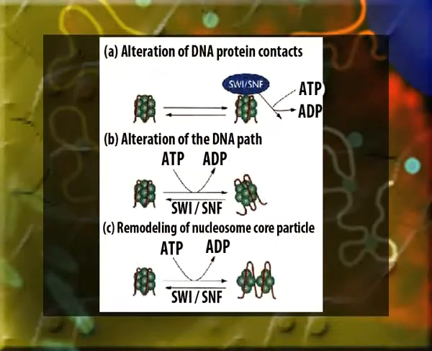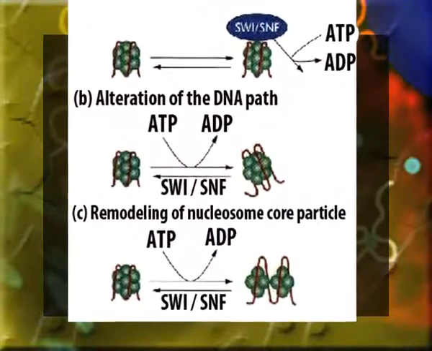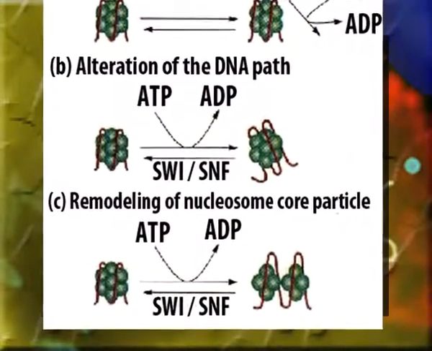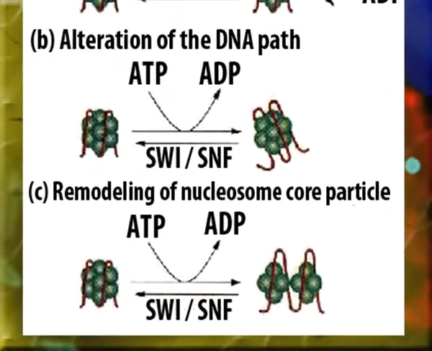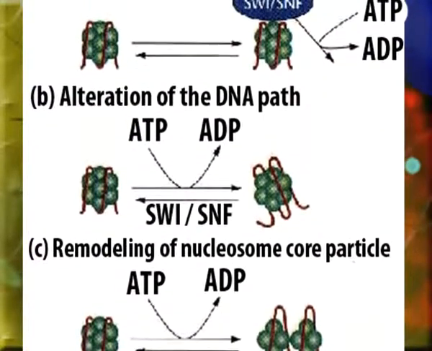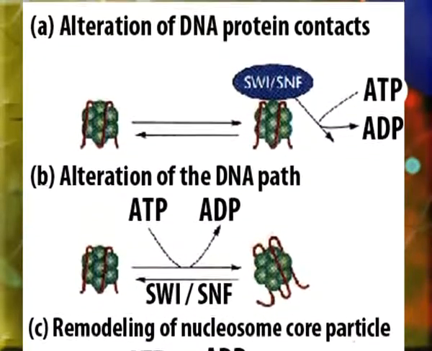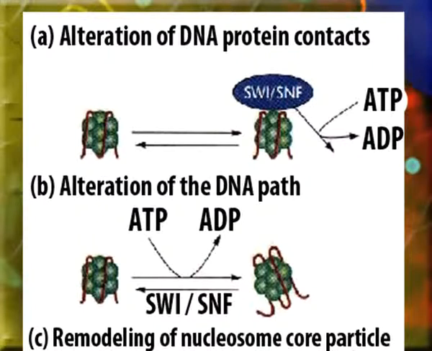Eukaryotic cells have several ways to rapidly adjust the local structure of their chromatin. Nucleosome structure is altered by nucleosome remodeling factors, facilitating the binding of transcription factors to chromatin by repositioning nucleosomes on the DNA through sliding of histone octamers along the DNA molecule. Chromatin remodeling complexes are the protein machines that use the energy of ATP hydrolysis to change the structure of nucleosomes.